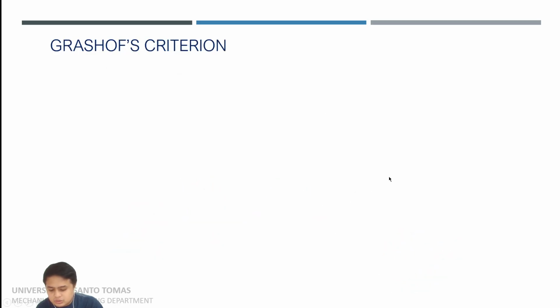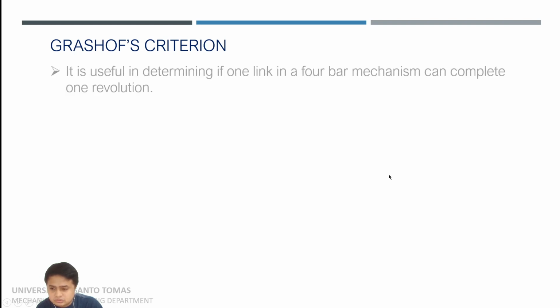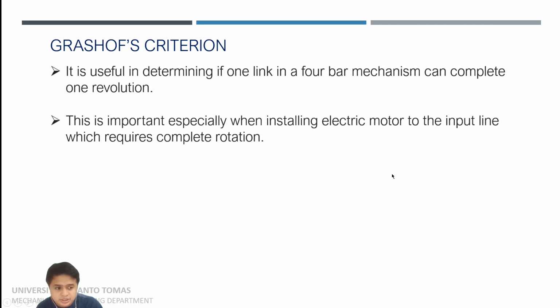So now we have the degrees of freedom, but we also have Grashof's criterion. The purpose of Grashof's criterion is to understand if one link can fully revolve.